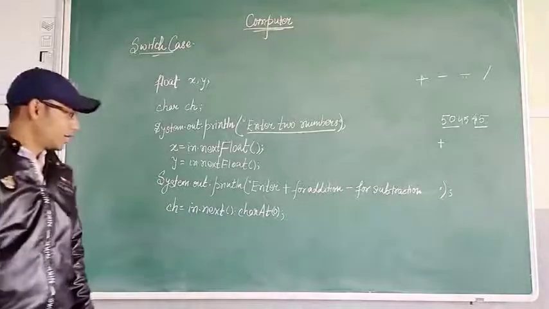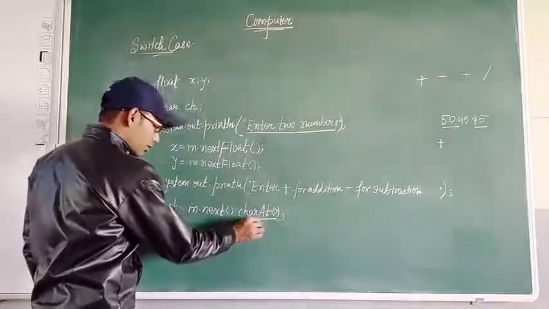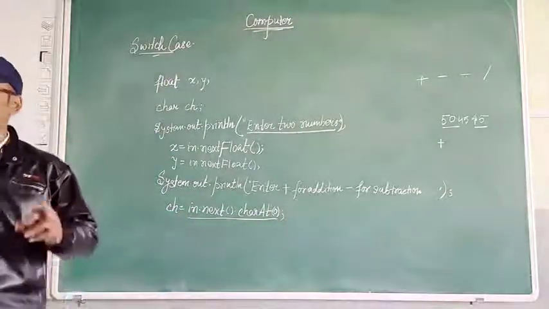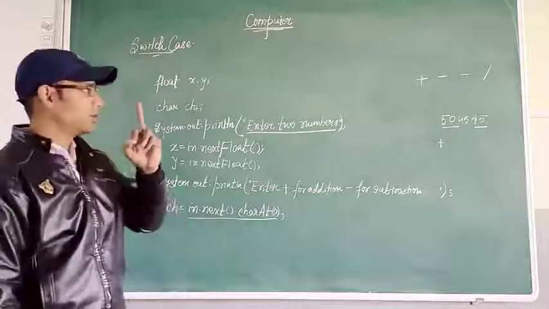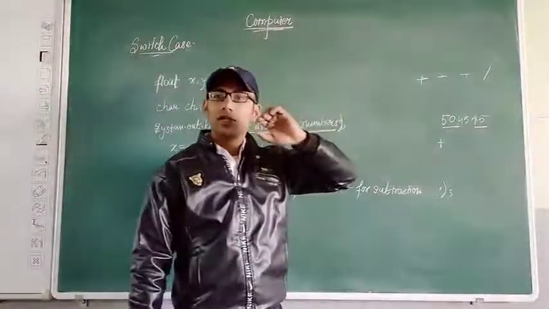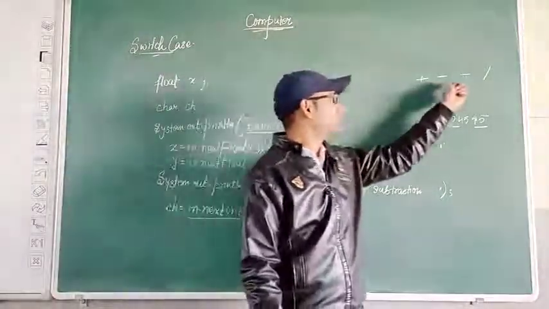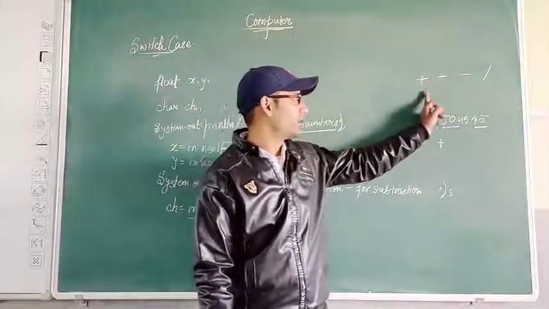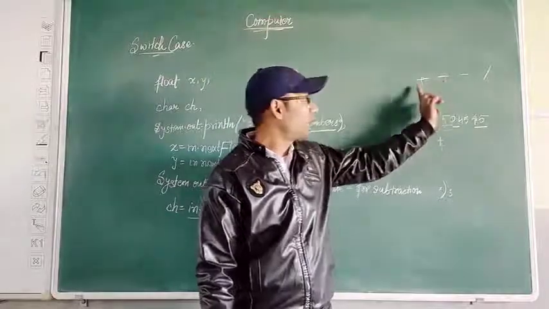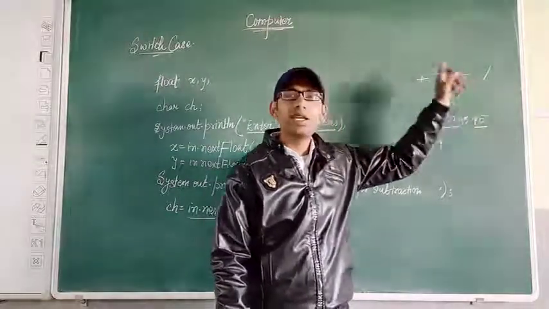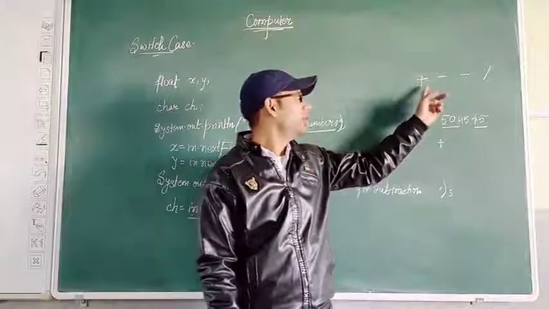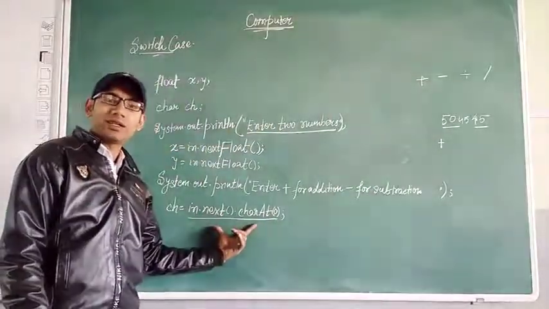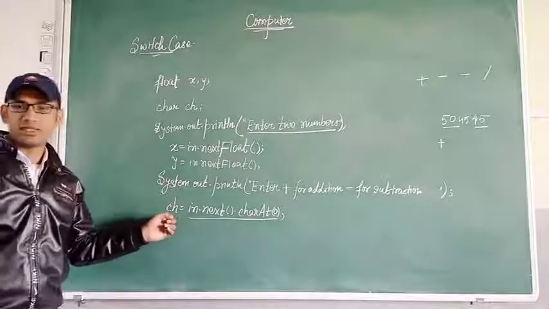This particular command line is used to accept a single character. Okay, since the user is not going to feed all this code, right? He or she will be feeding only either plus or minus, means out of these four symbols he or she will definitely enter only one symbol, right? And because of this particular command line, it will get inside ch.